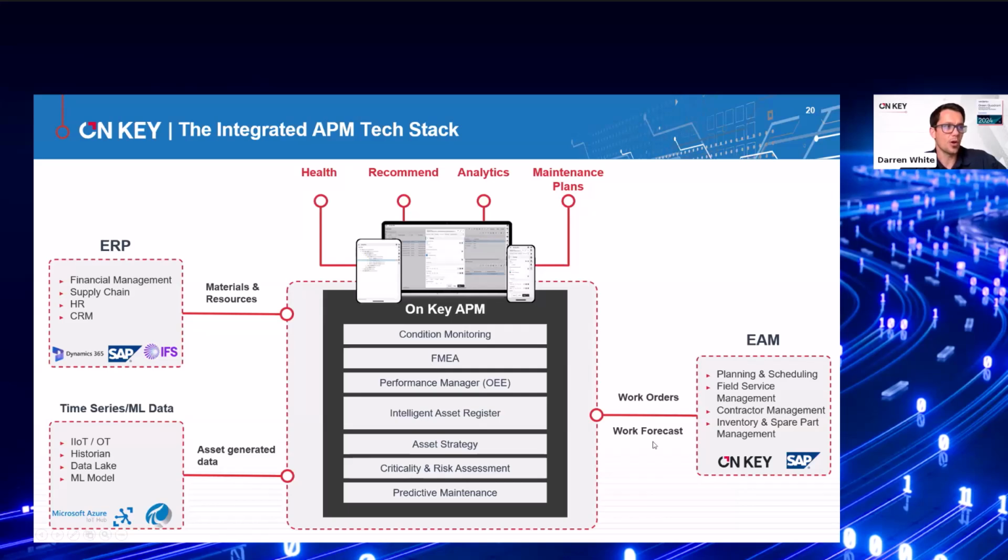And then lastly, the block here to the right is the enterprise asset management platform. Now, if you already have an enterprise asset management tool such as SAP, we can integrate into it to assist with the work execution part. So in other words, your planning and scheduling, field service management, contractor management to automatically create those work orders.